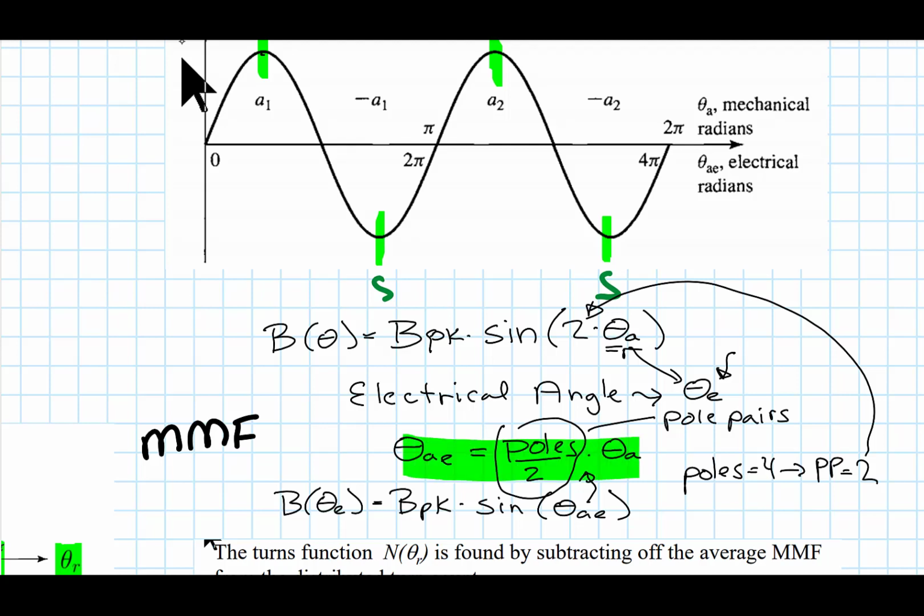So this is the first extremely important formula that we need to remember regarding synchronous machines. The theta electrical is equal to the number of poles divided by 2 times the mechanical position.